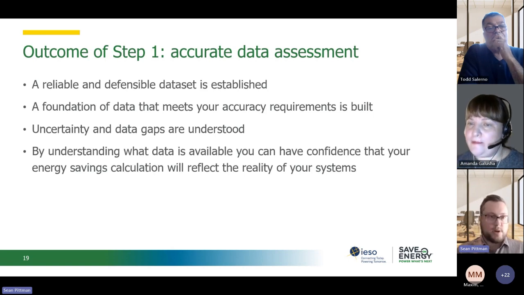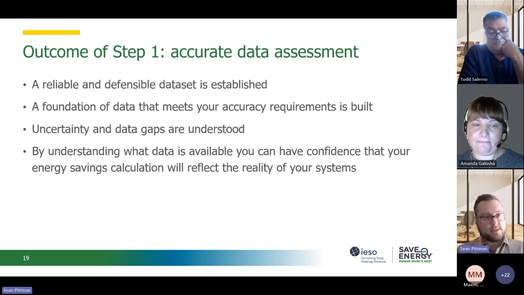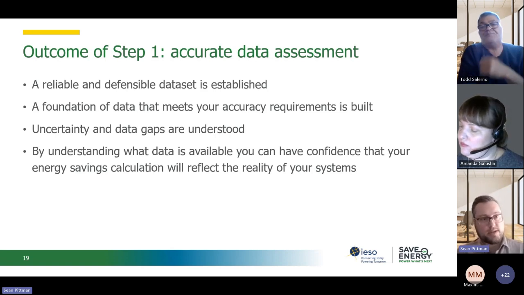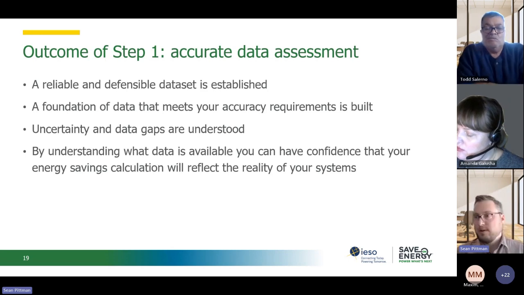That will lead you to ask: if I move forward with this, is the amount of uncertainty I probably have within my data acceptable for the project or the evaluation that I need to perform? And by understanding what data is available, you can have confidence that your energy savings calculations will reflect the reality of your systems.